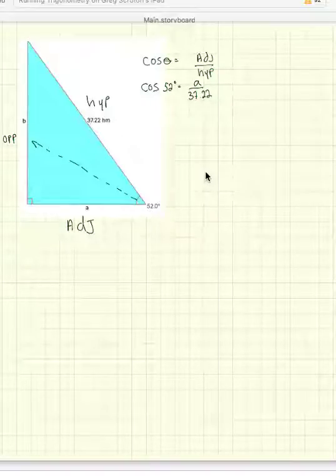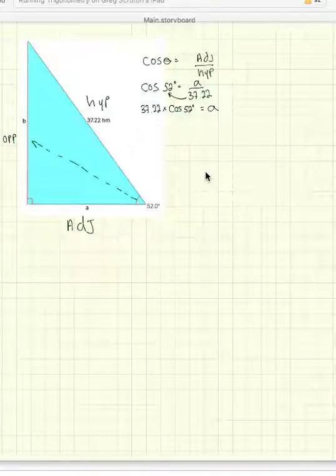I want to get my A alone, so I'm just going to cross multiply that 37.22. So 37.22 times the cosine of 52 degrees is A. We're just going to multiply using our handy-dandy calculator machine.